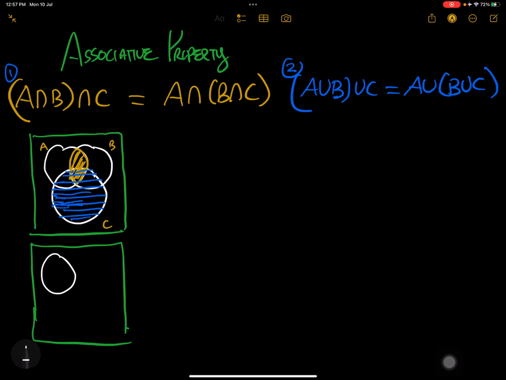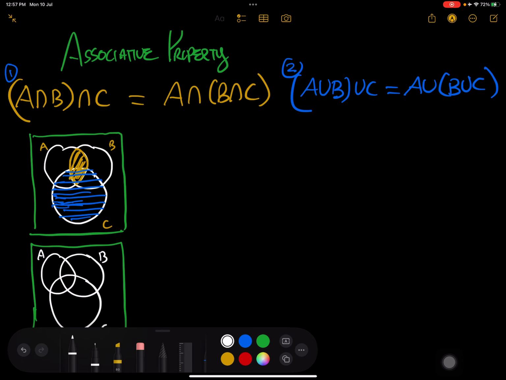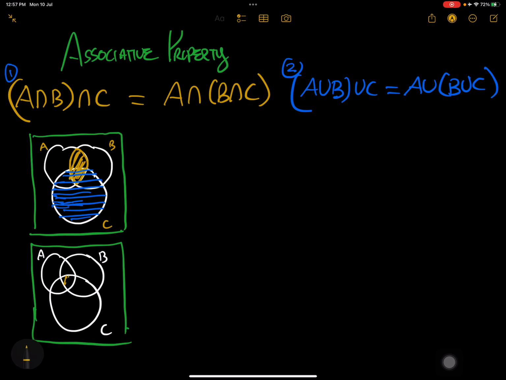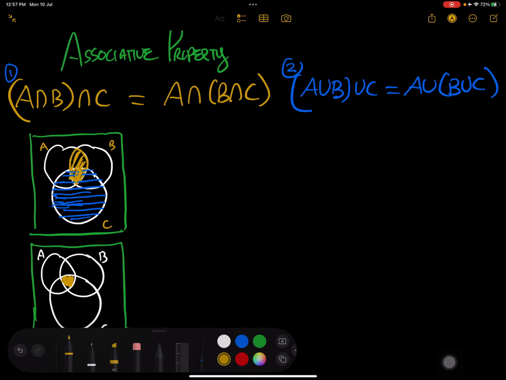We have three rings, A, B, and C, and the blue and gold is here. It's only this region, because here you have blue and gold, and over here, blue and gold. So that region is A intersection B, also intersecting with C.